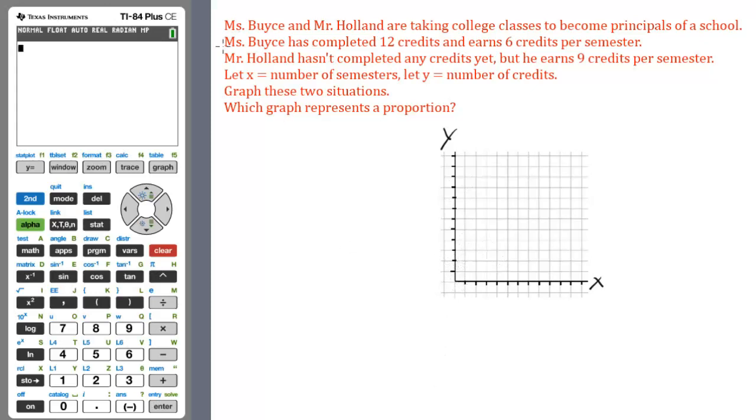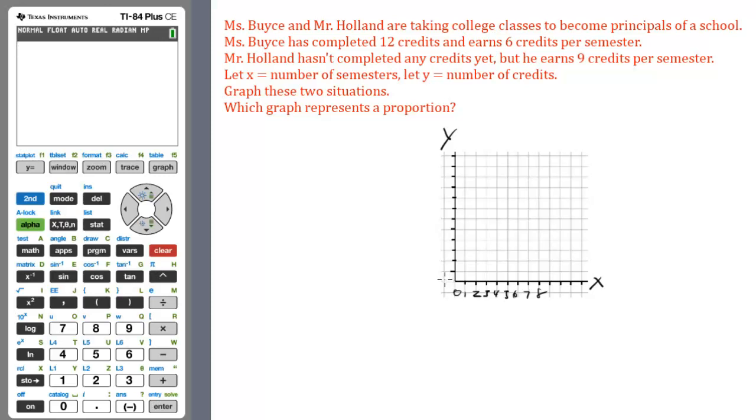So the x-axis is going to be the number of semesters. So let's make the x-axis be 0, 1, 2, 3, 4, 5, 6, 7, 8. Okay, I don't think we're going to get that far. And then on the y-axis, if I'm looking at these numbers here, it's like 6, 9, 12. So let's let the number of credits be multiples of 3.